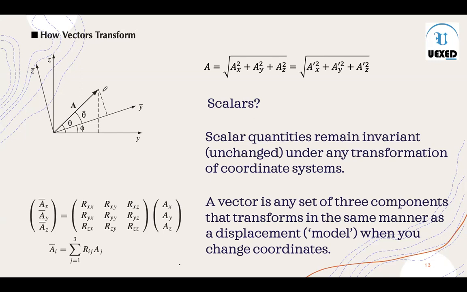You calculate the mass of a body in this yz coordinate, and also in a different coordinate system, something like z bar, y bar. What is going to happen? If mass is 10 kg, then it is 10 kg. That is it, right? So when you calculate the magnitude of this vector A in a three-dimensional coordinate system, you can simply calculate it as the square root of ax square plus ay square plus az square.